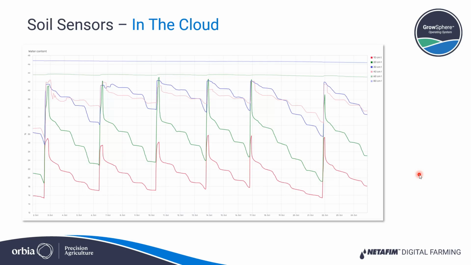When we want to present the sensors on a graph, this is an example of the information you get from the soil sensor. This specific graph represents 6 soil moisture sensors from 6 different depths. It is the NetaCap sensor. The x-axis is the timeline, and the y-axis is the moisture by volume in percentage.